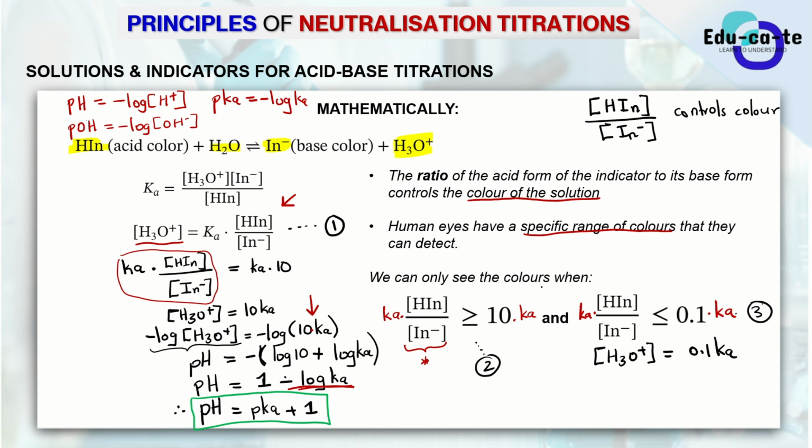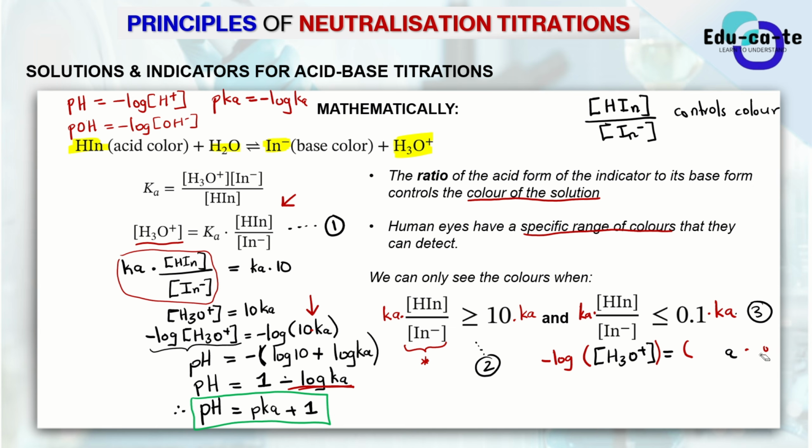And then if you apply the negative log on both sides, this is going to be the negative log of H3O plus ions, and on the other side the negative log of 0.1 Ka.